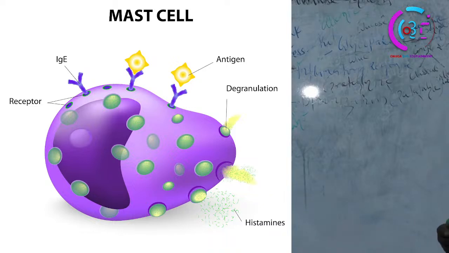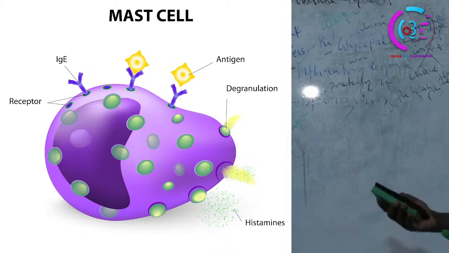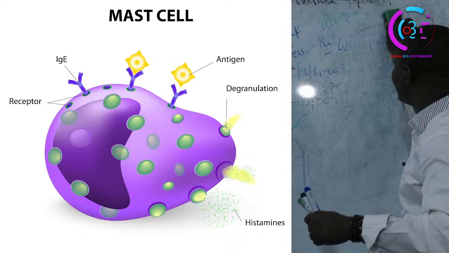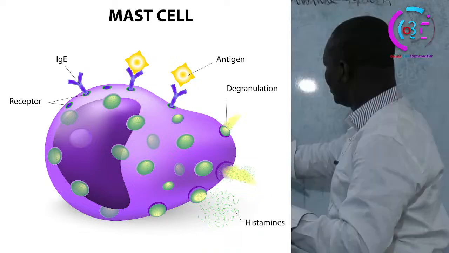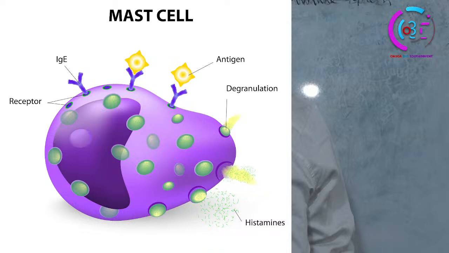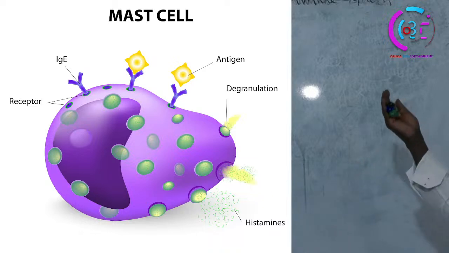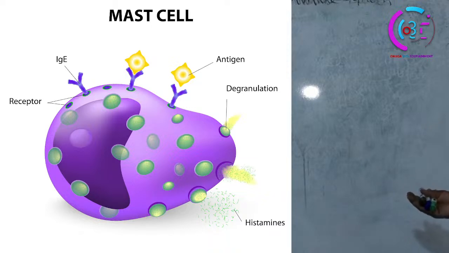So the next one is eosinophils. Okay, the next cellular component. I told you that the first one is natural killer cells, and we have examined their basic function. They contain glycoproteins and proteolytic enzymes to fight against the infection.